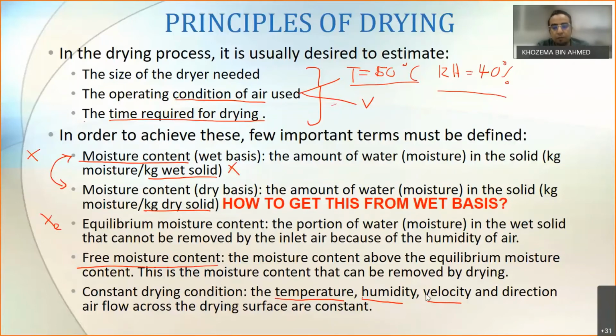And if the velocity is fluctuating, it will also affect the time required, and eventually the size of the dryer that you need. So if you want a very good drying condition, you usually operate at a constant drying condition.